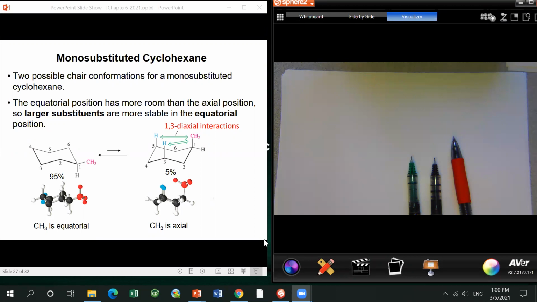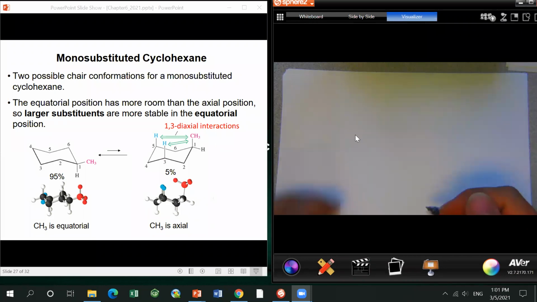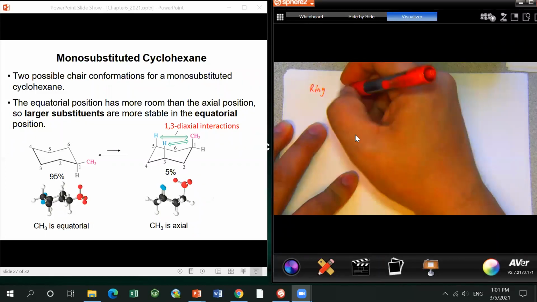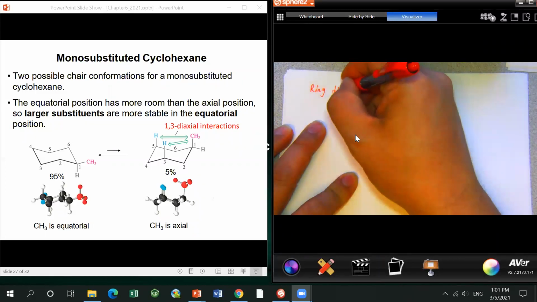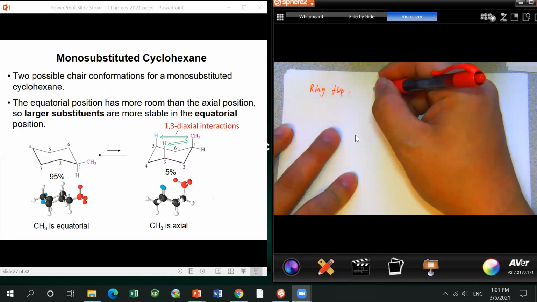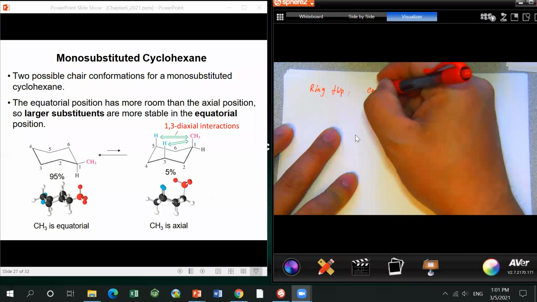All right, before we start to learn the ring flip structures, just keep in mind, you can write it down. When you draw a ring flip structure, always the equatorial bond becomes axial and the axial bond becomes equatorial.